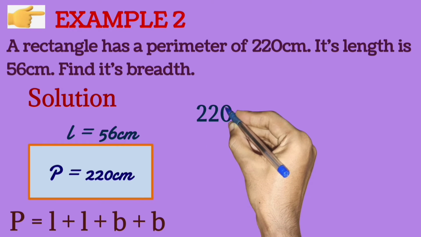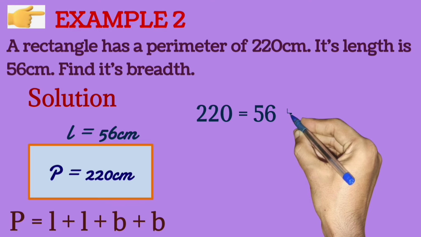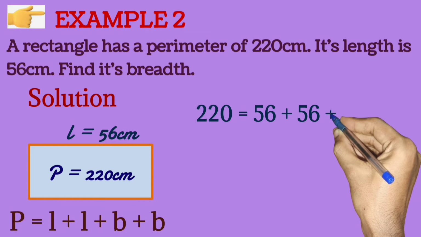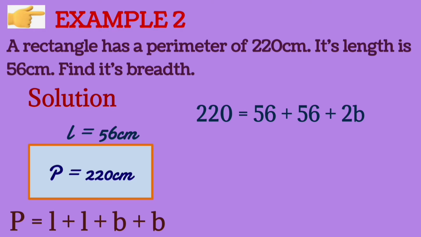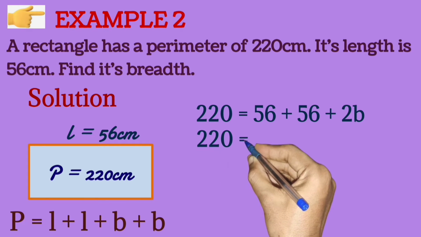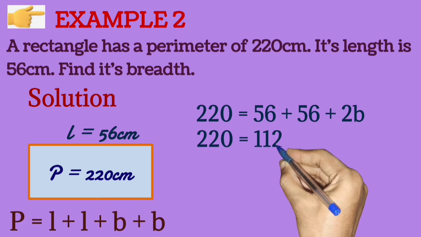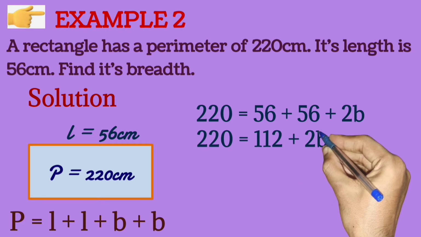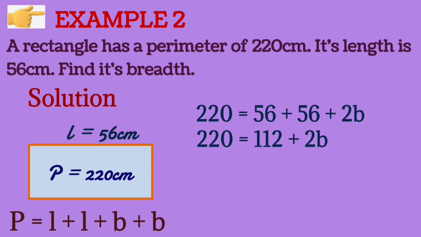If you plug in the values of the perimeter and the length, you will have 220 is equal to 56 plus 56 plus 2b. You have 2b because b plus b is equal to 2b. 56 plus 56 is equal to 112, hence you'll have 220 equal to 112 plus 2b.